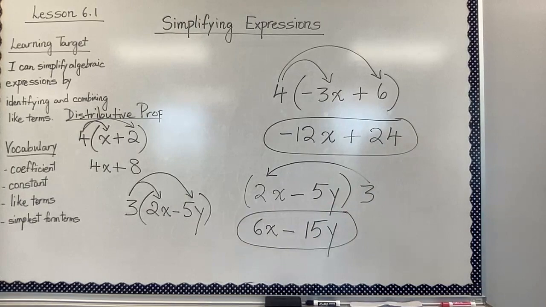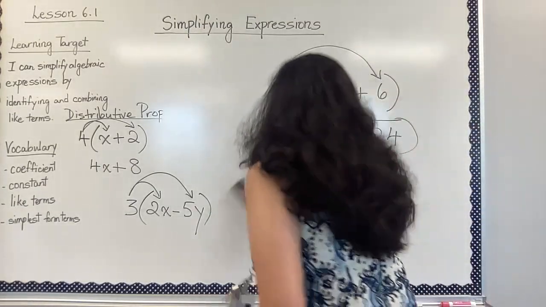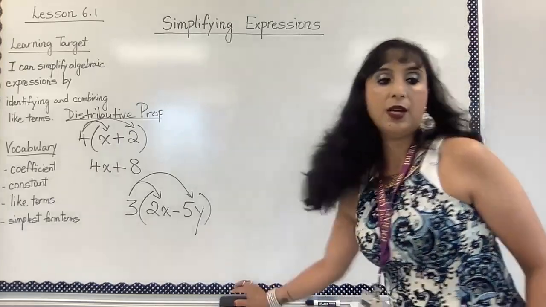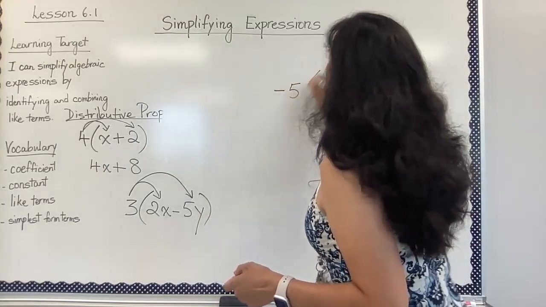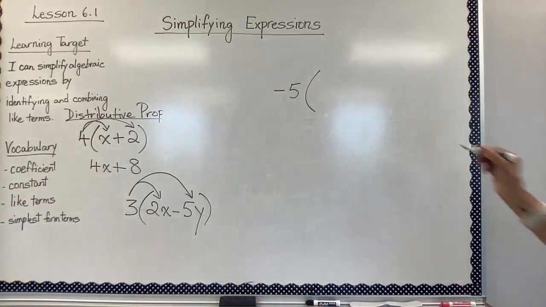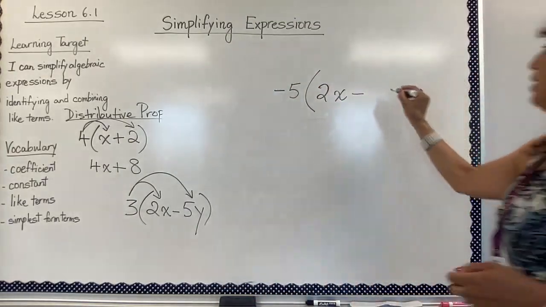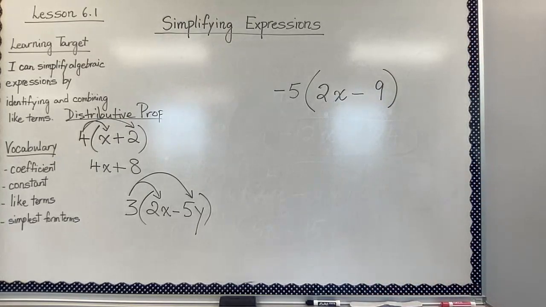Okay. Let's go do one last problem. Distributing negative numbers. If I say I have negative 5 times (2x minus 9), once again, I'm going to rewrite the subtraction as addition.